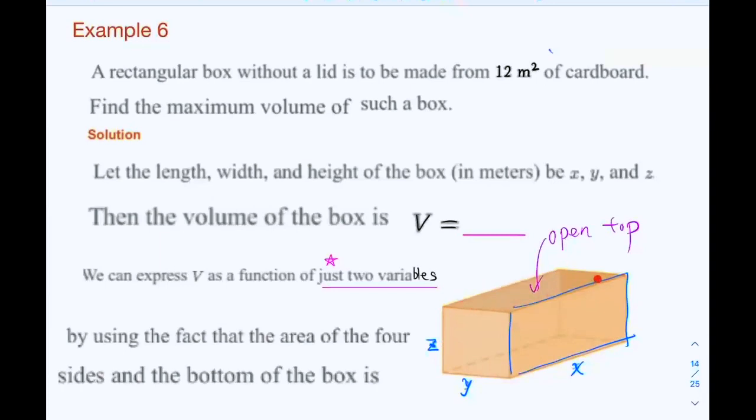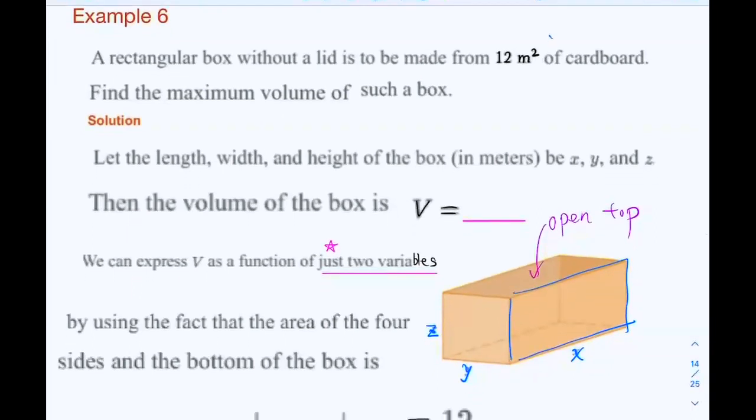So it's open top. There's no top. And from 12 square meters of cardboard. At that time, you can actually do this problem without using 110C. You can just use Math 110A, okay? Now, let's see how we approach this problem in Math 110C, in Calculus 3.